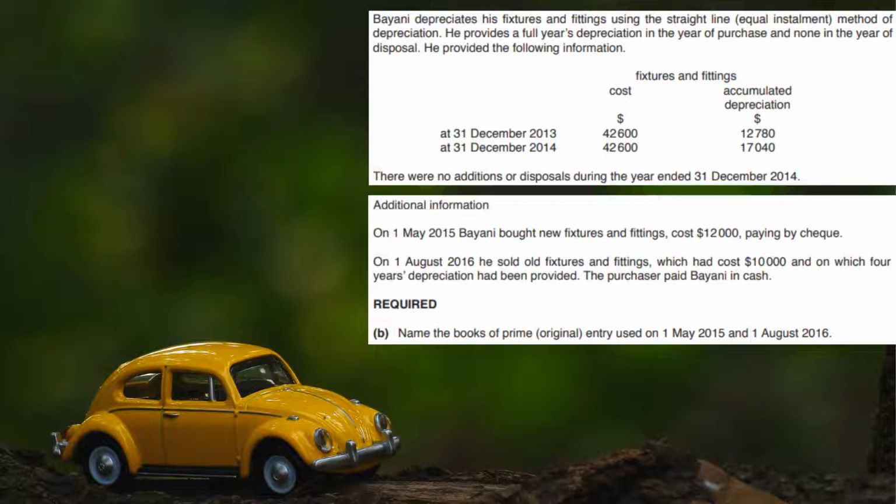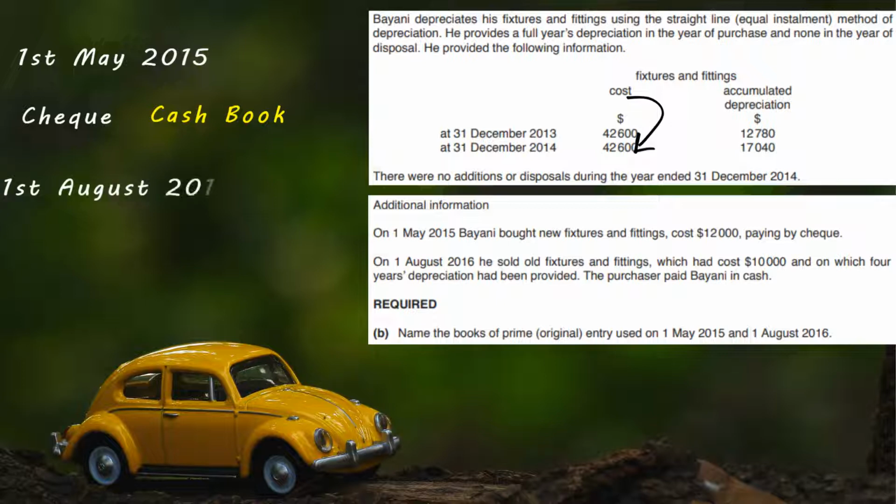Now let's go to 1st May. On 1st May, we bought new fixtures using check. So we are going to transfer this information to our cash book. Now for the second one, that's the books of prime entry that we would have used. On 1st August, he sold old fixtures and fittings, which was $10,000, and he was paid by cash. Again, there's cash here, so this will be recorded in the cash book.